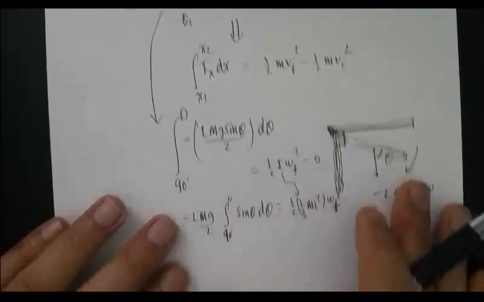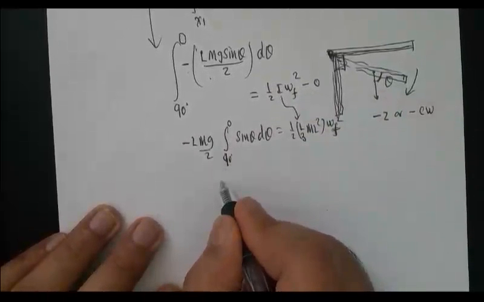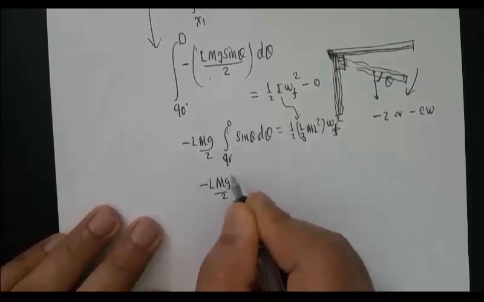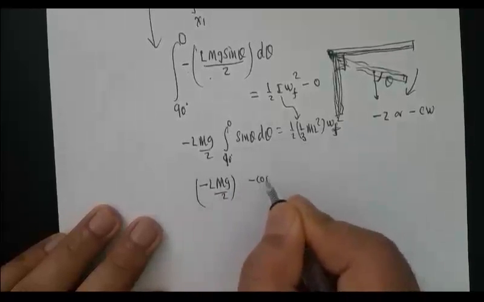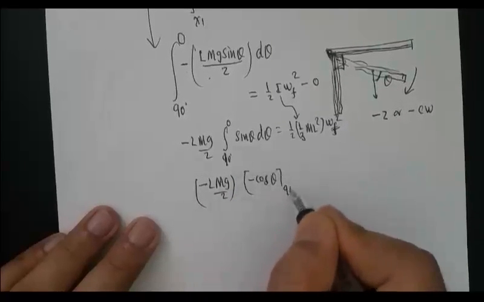So you integrate to find the total work done by net torque. The integration of sine theta is negative cos theta; you put in the limits.